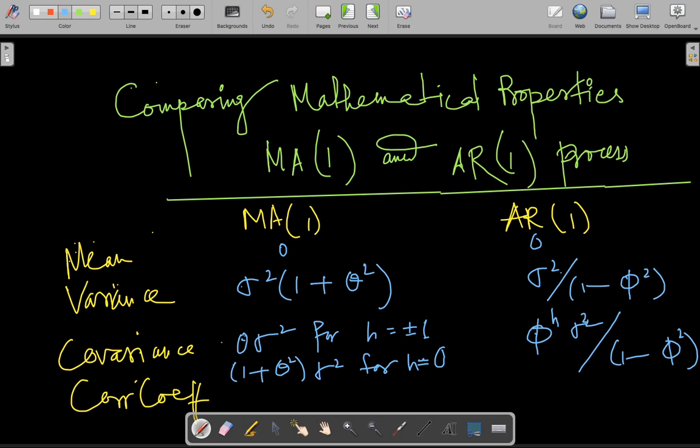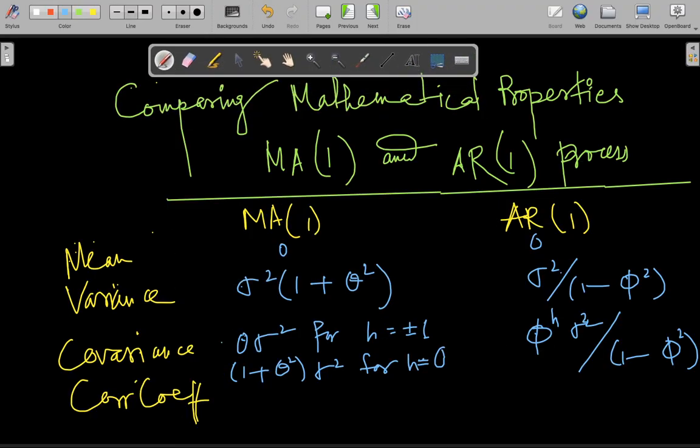Okay. For now we'll just restrict ourselves to the MA1 and AR1 process, and we'll see later how, if the order of the processes changes, we can see it differently. Now the other mathematical property that we see for all these processes is the correlation coefficient. It's very simple to obtain. You simply need to divide the covariance by the variance.